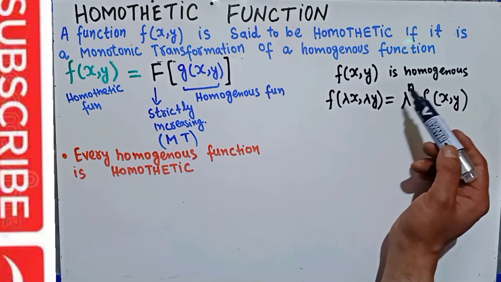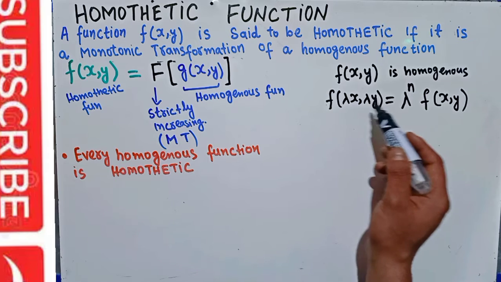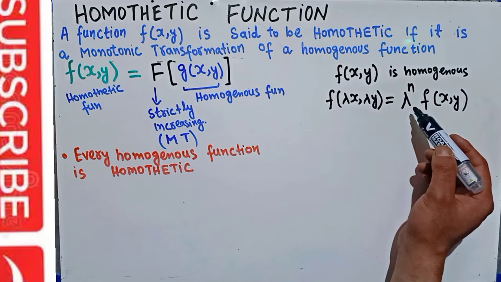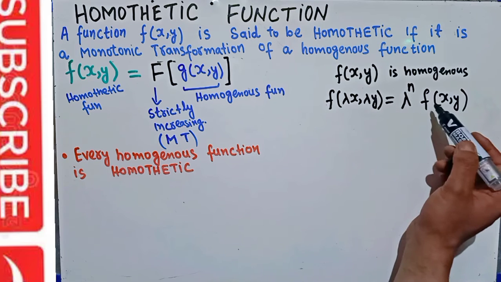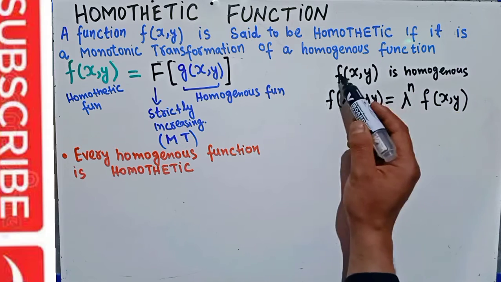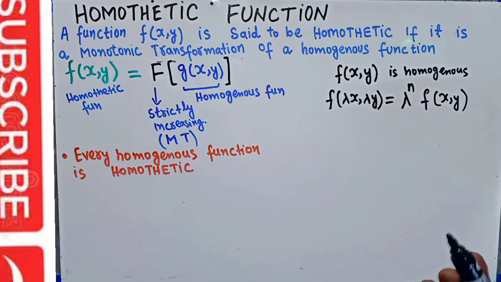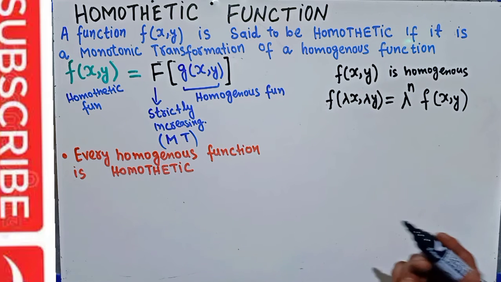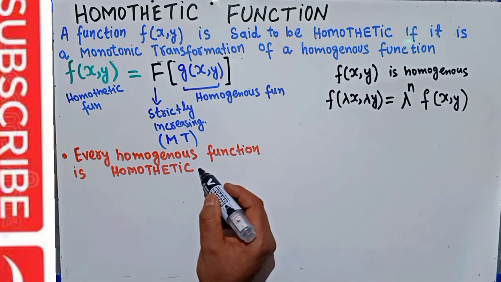If we increase both x and y by a factor lambda, and the output increases by a factor lambda raised to the power n, we say this function is homogeneous. I have explained this in earlier videos, you can check. Otherwise, I will make a video on that also. The thing is, every homogeneous function is homothetic.